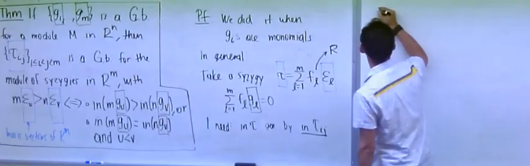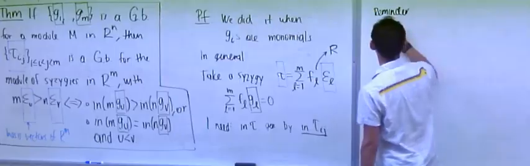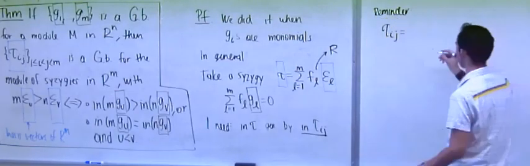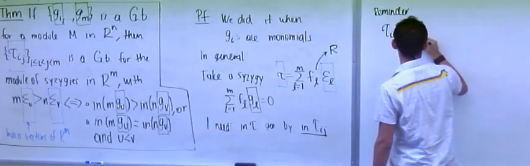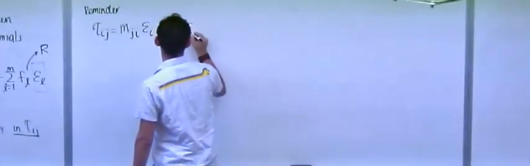So reminder that the way that we defined tau ij was like this. It was given by basically taking this m_ji epsilon_i minus m_ij epsilon_j.